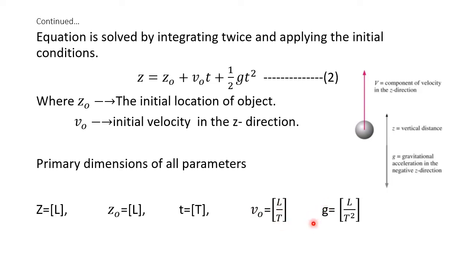G is acceleration due to gravity, unit is meter per second square, so meter dimension is length and second square dimension is t square. Okay, so now if you observe here, we have 2 primary dimensions. We do not have mass, we have only length and time, so keep this in mind.